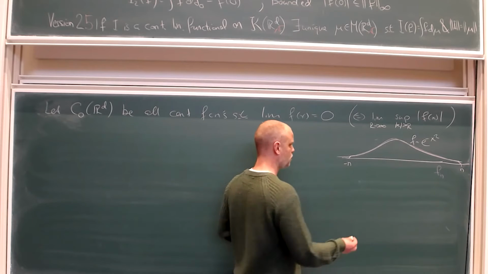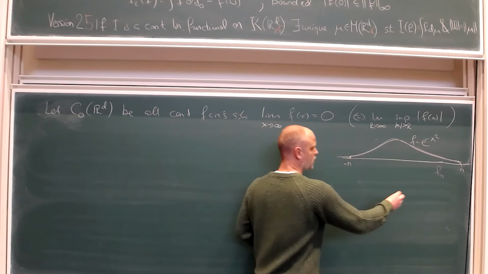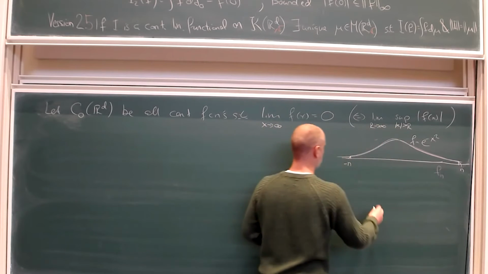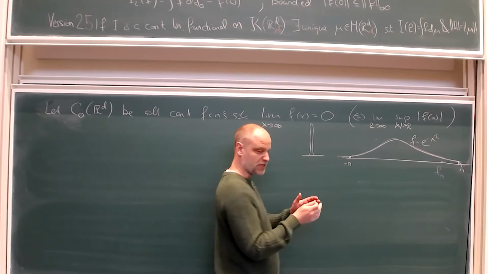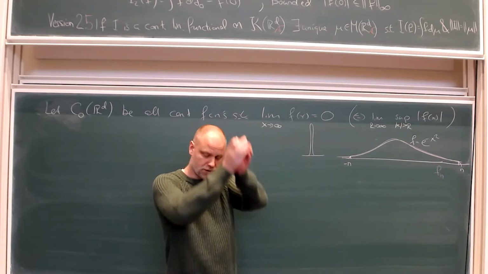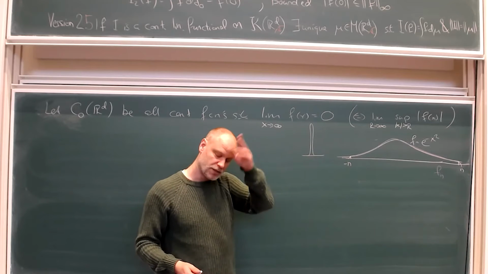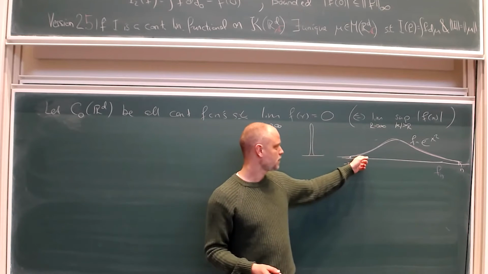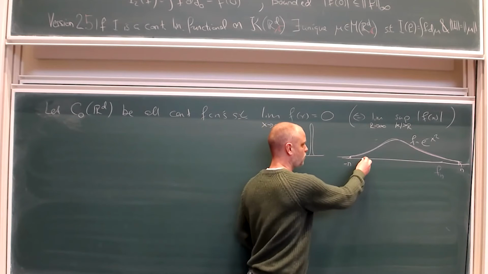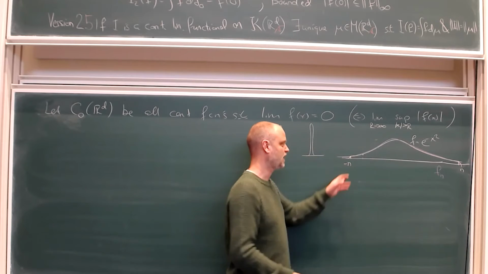So what you would do is you just chop off your function here, and then you do a convolution with something which has a very thin support and is positive and has integral 1. And we discussed this earlier in the course. Then at each point when you convolve, you get an approximation of the value here.